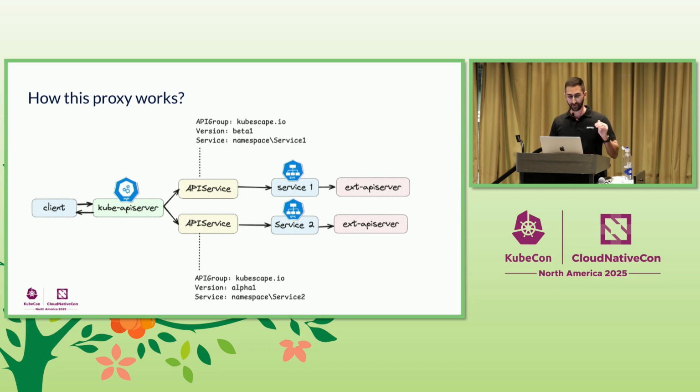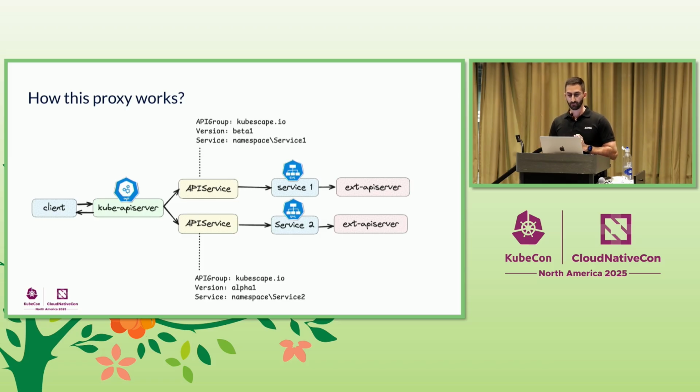If we want to visualize how it looks, the Kube API server does the discovery for these API service objects, and each has its own definition. You can have multiple API services for multiple API groups, and for different versions of the same API group.